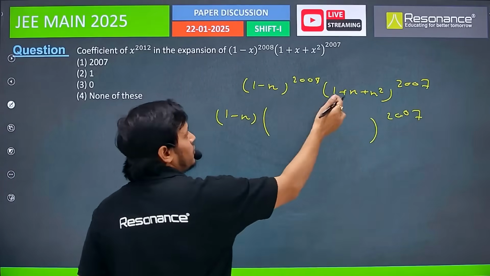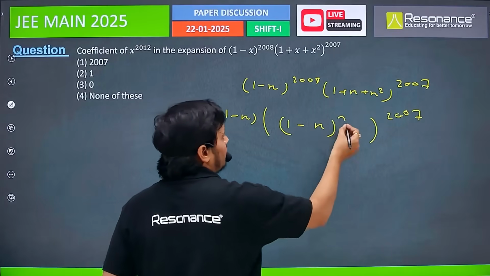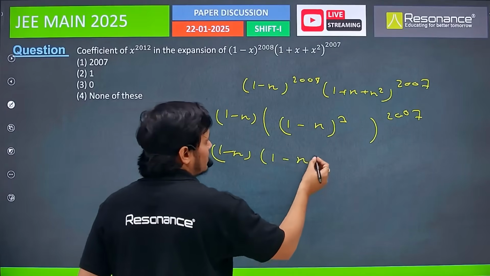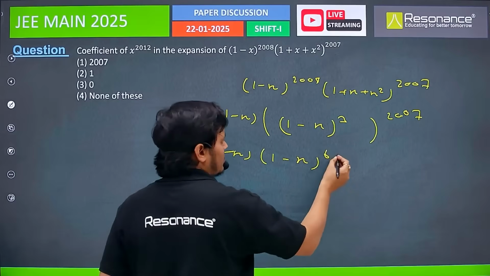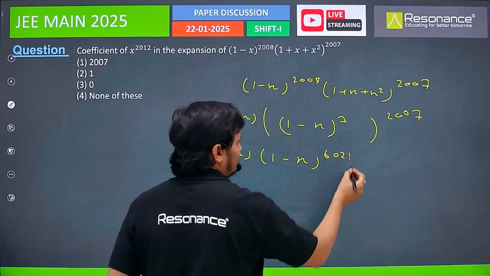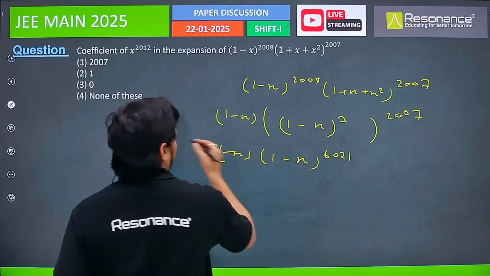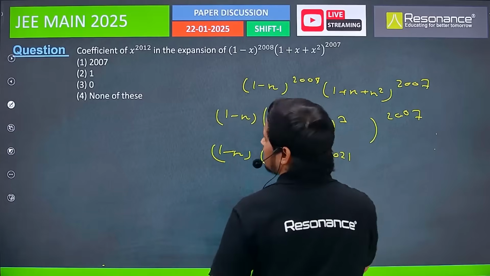Now this one is a minus b into a square plus ab plus b square. Sorry, just a minute. A minus b whole cube will not be, this will be a minus b cube.